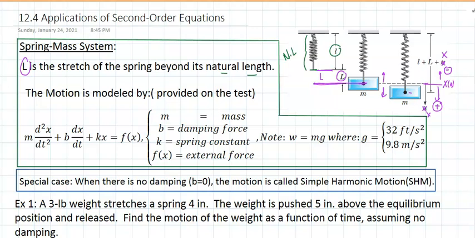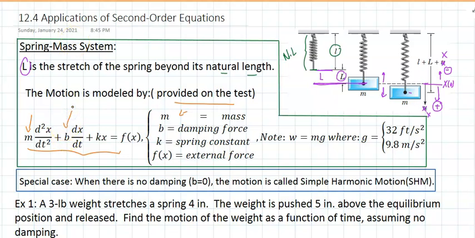The motion is described by the following equation that's provided on your test. You don't need to memorize that. You just need to know what is what. This letter right there, that's mass, times the second derivative. This is an object running back and forth. I could derive this, but it takes some time and students are not as interested in it.